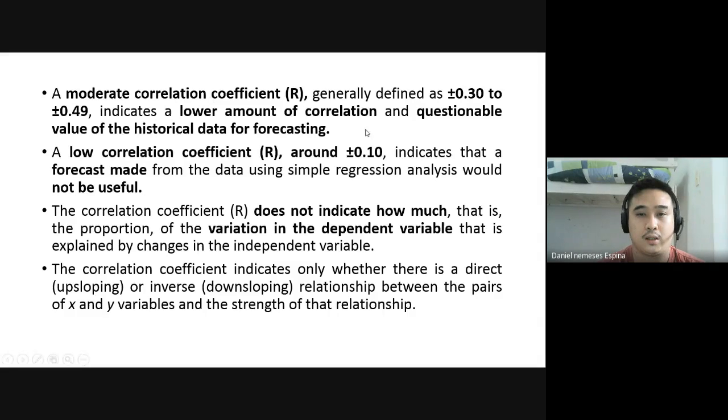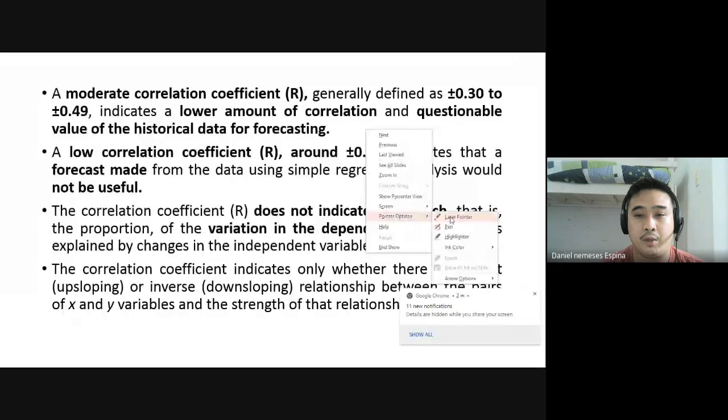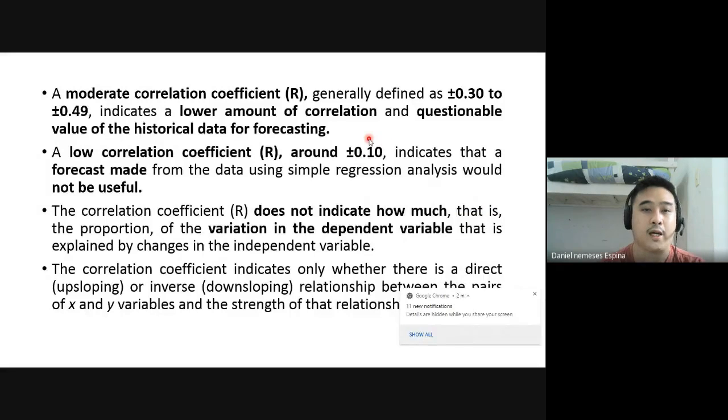correlation coefficient. So pangutana ana if pwede ba na nimo gamiton to forecast or to predict. Okay? So if the correlation coefficient is between 0.30 to 0.49, it has a lower amount of correlation, and you will have a questionable value of the historical data for forecasting.